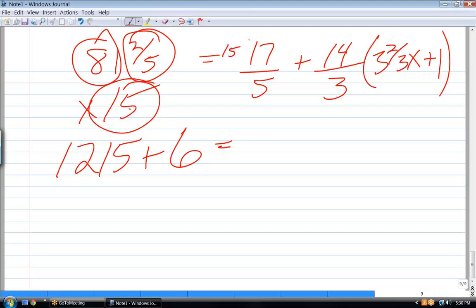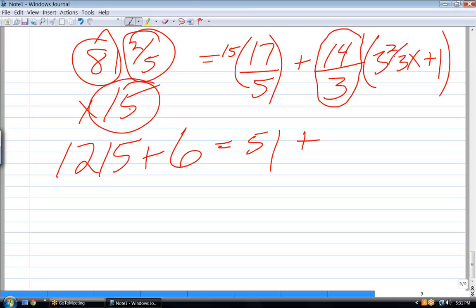15 times 17. No, don't do it that way. Reduce it first. Cancel this 15 with this 5. So you get 3 times 17, which is 51. Now multiply 15 times that only.